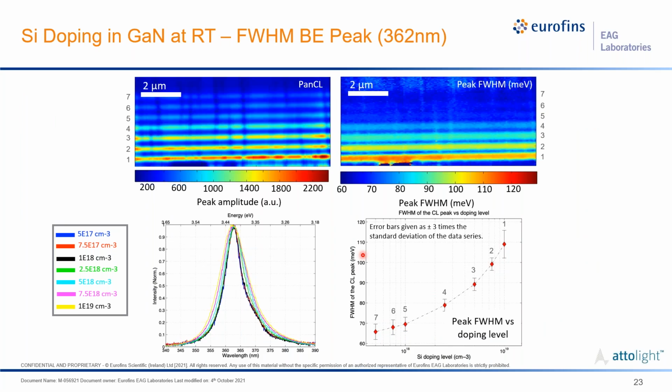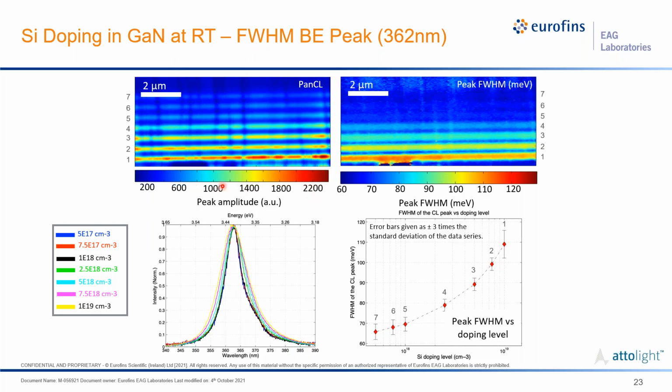So a little more examples of doping. This is a silicon doping test structure that was created with a variety of different doping levels, layers 1 through 7. It's going from highly doped to lower doped as you go towards the surface.